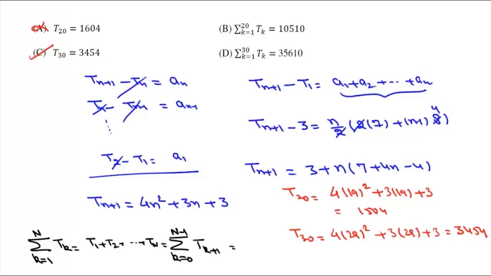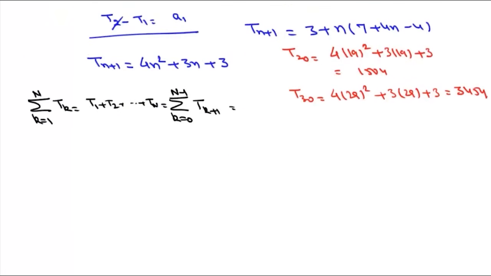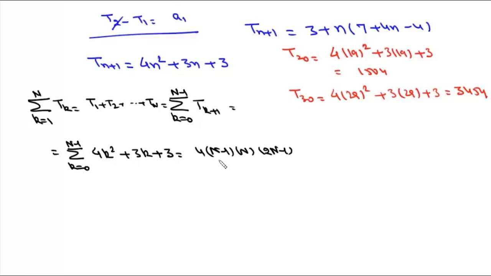Now this is the summation k varies from 0 to n minus 1 of 4k square plus 3k plus 3. So this is 4 times the summation of k square, which is (n minus 1) n (2n minus 1) by 6, and 3 times (n minus 1) n divided by 2, plus 3, and here this value will be n.